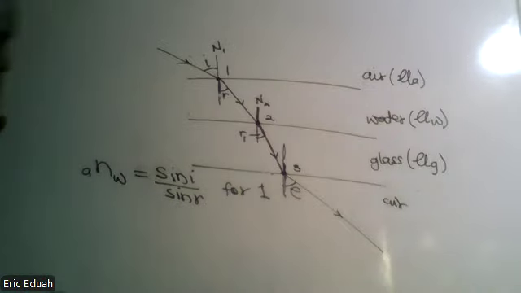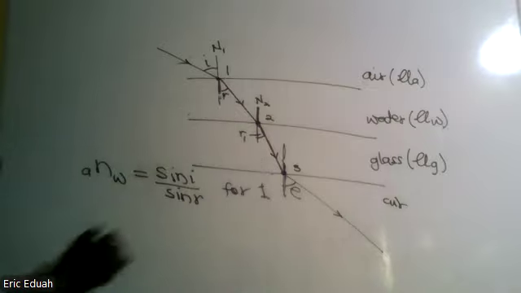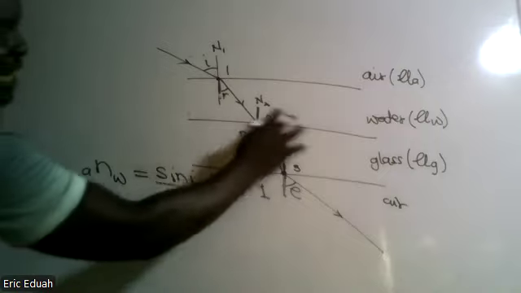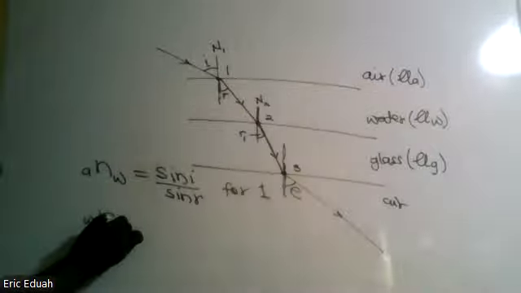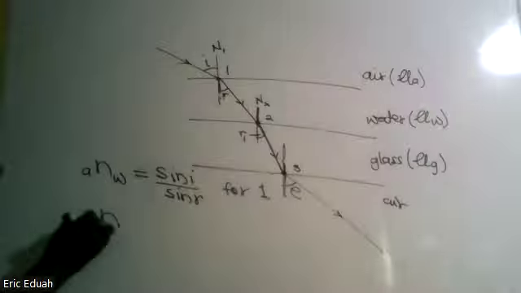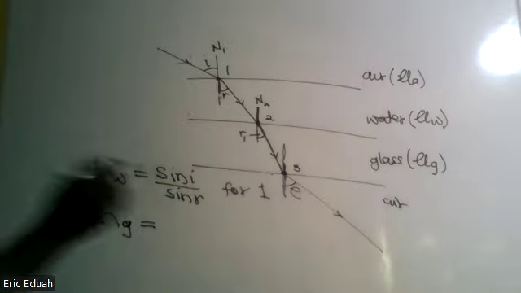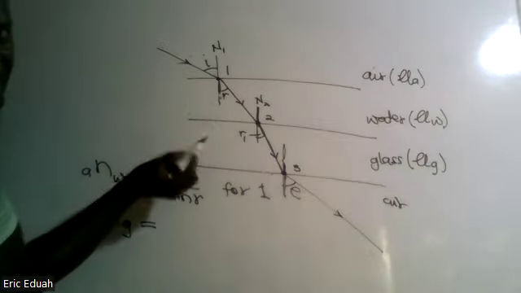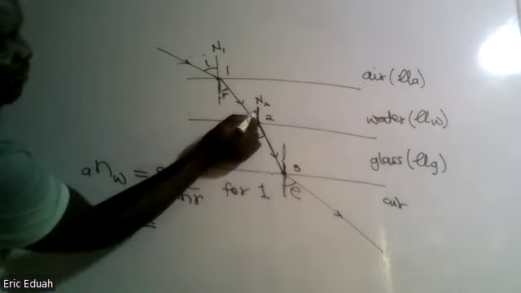Then for boundary 2, by Snell's law, the refractive index as light moves from water to glass will be equal to, now look at this, because this is the same medium, water, the angle of refraction here will be the same as the angle of incidence here.